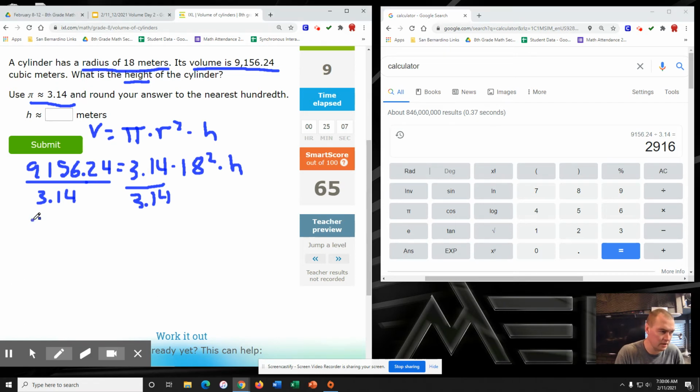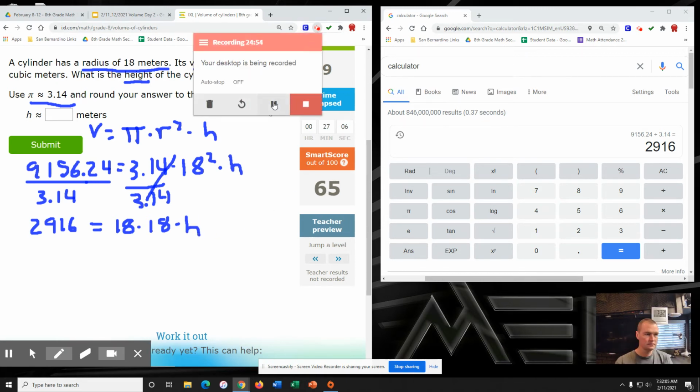So now we get 2,916 equals, pi is out, we got 18 times 18, because that's 18 to the second power, times h. All right, next up, there's two ways you can do this.